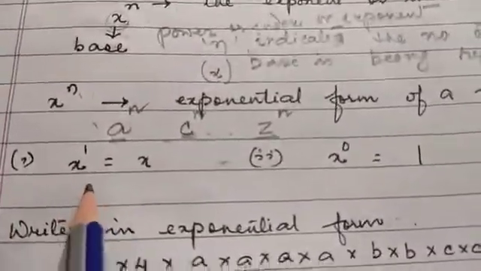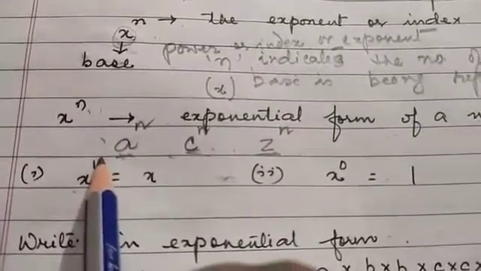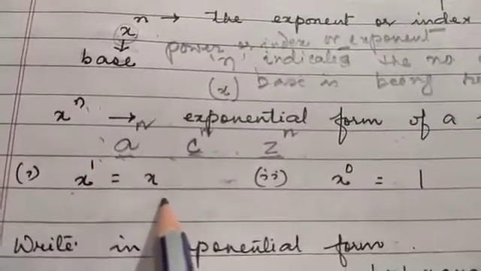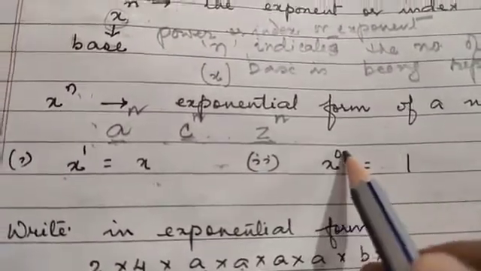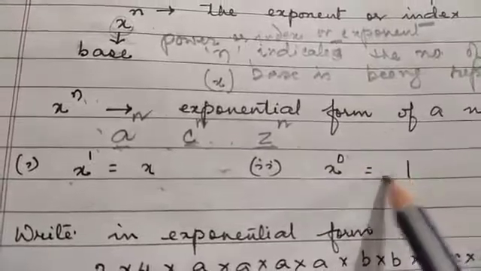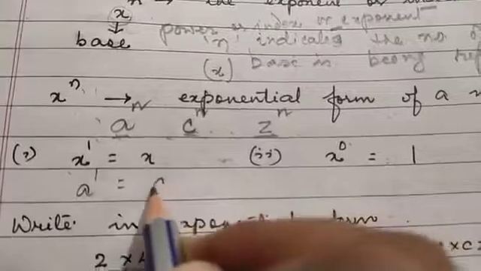Here we have to note two things. We have to remember two things. Any literal raised to power 1 is the literal itself. Any literal raised to power 0 is 1. It could be a raised to power 1 is a.